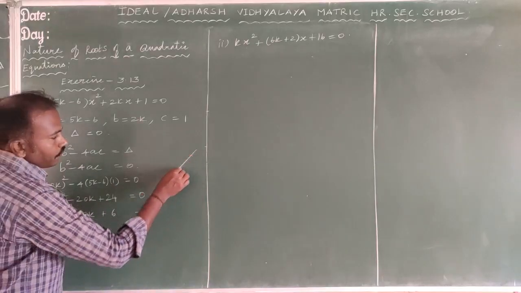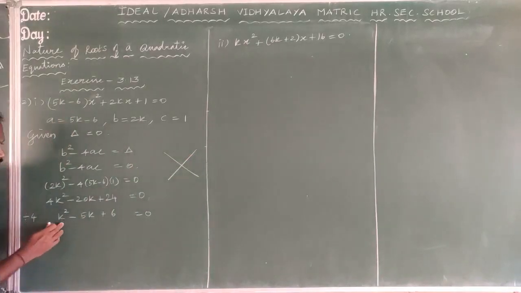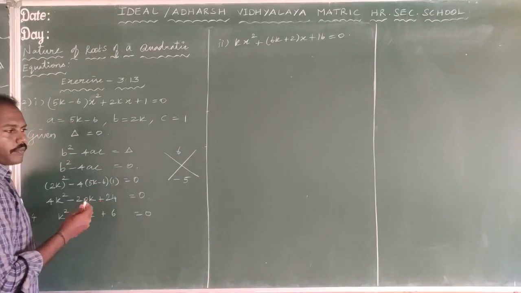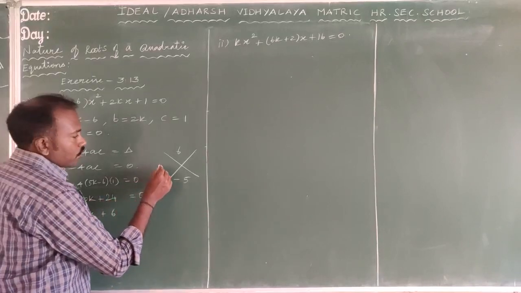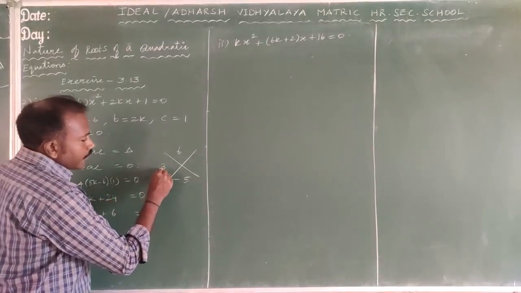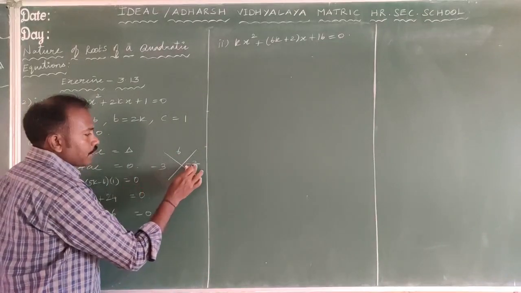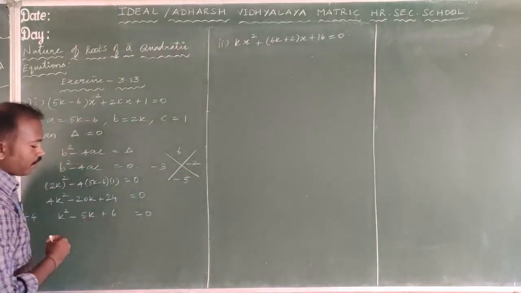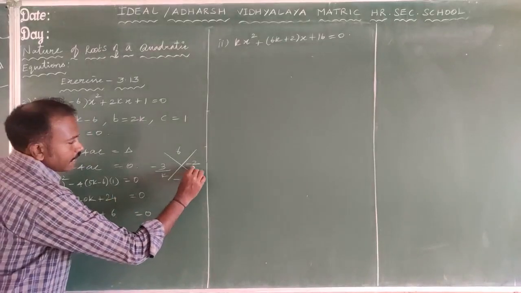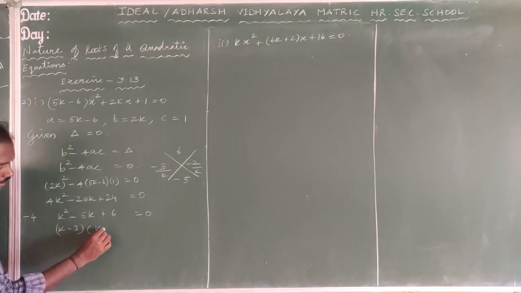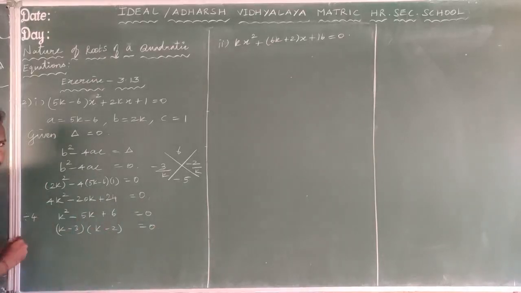We know the factorization method. Here product of two factors is 6 and sum is minus 5. 3 2s are 6, minus 3 minus 2, minus into minus plus, 3 plus 2 is 5. That is minus 5. Then k minus 3 into k minus 2 is equal to 0.